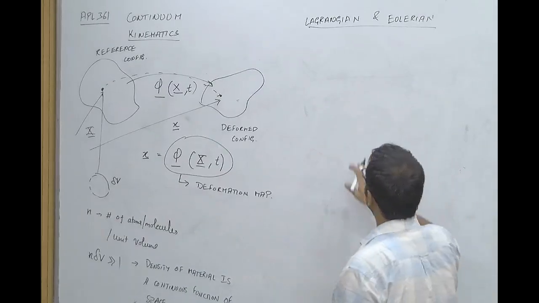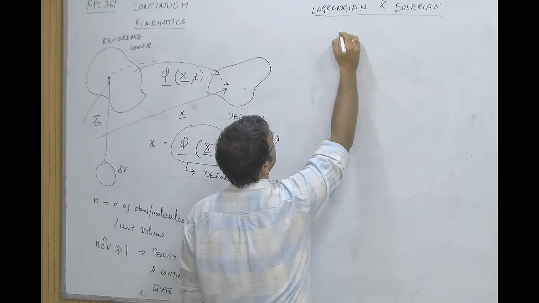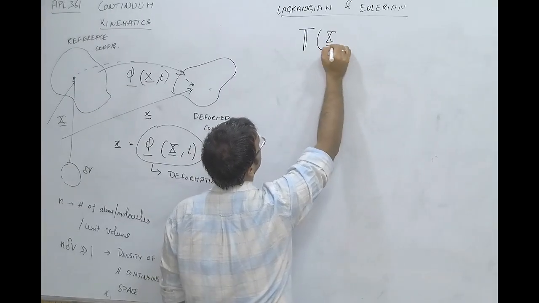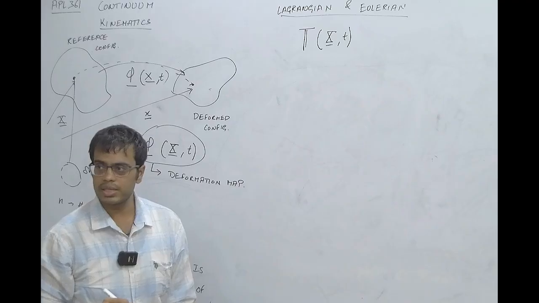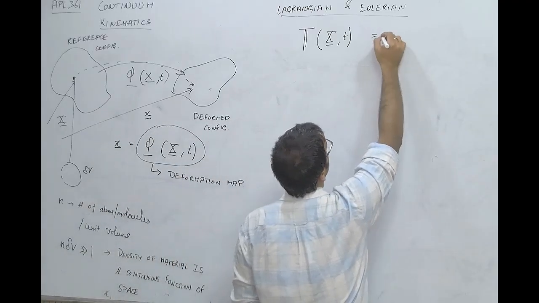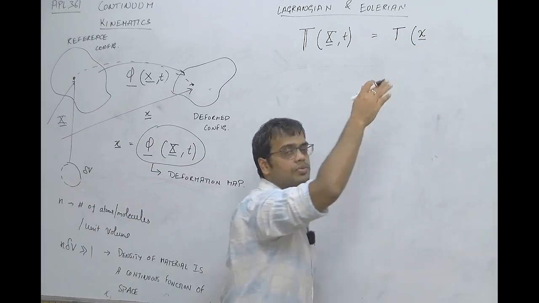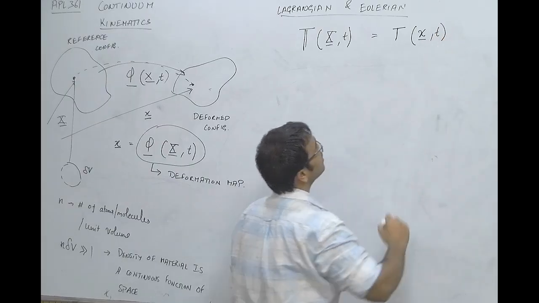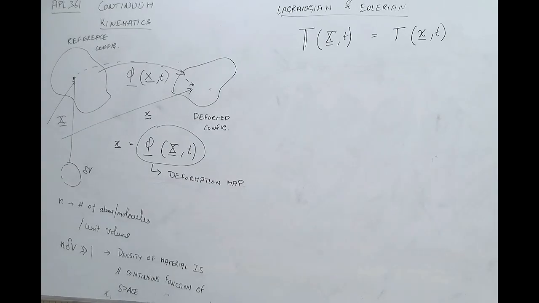Let us say there is a property, let's call it temperature. Then the temperature of a material particle at time t, I can define this as a field: temperature of all the particles which may be at x and time t. T is temperature; T could be any tensorial quantity as well.